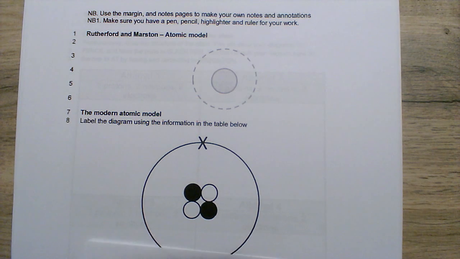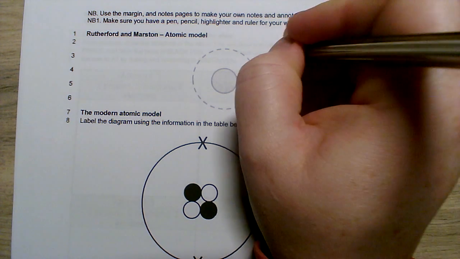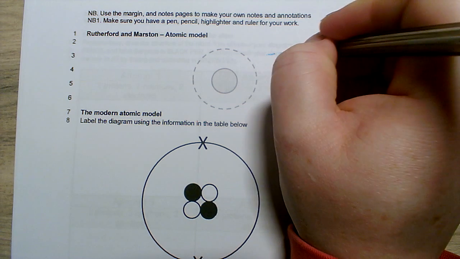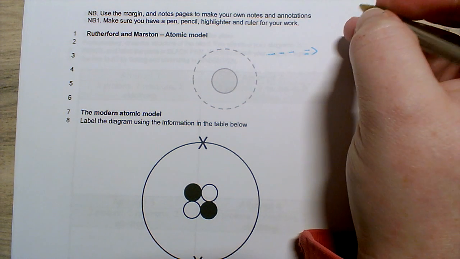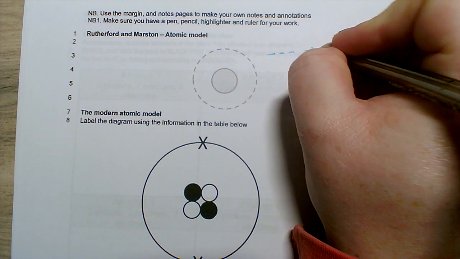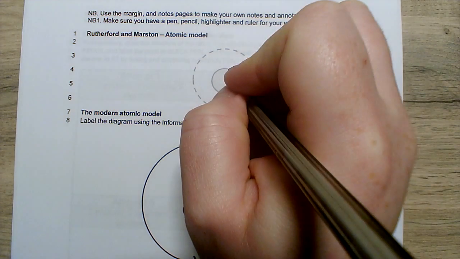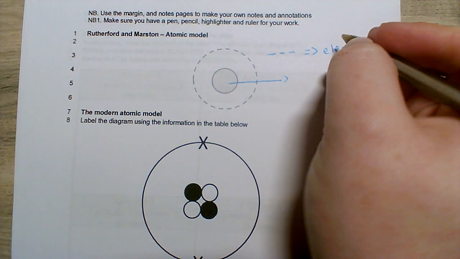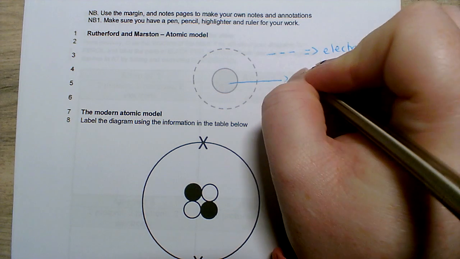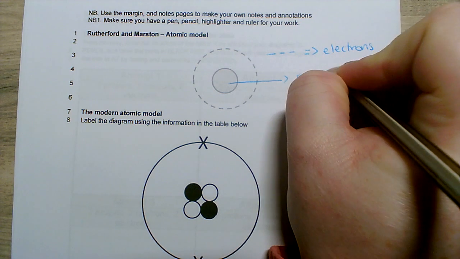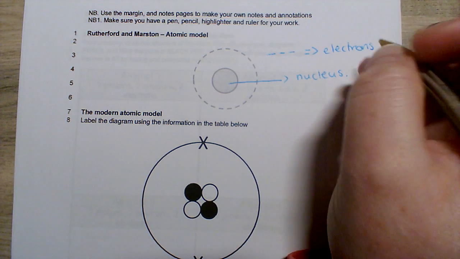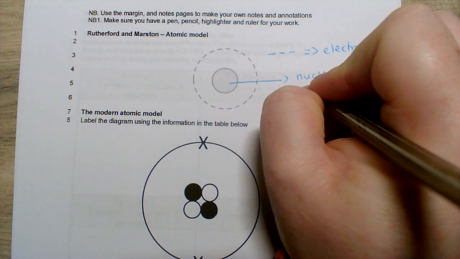So if we have a look at the top of the next page, you can see a slightly different diagram with the dotted line representing the electrons and this part representing the nucleus, which was positive.